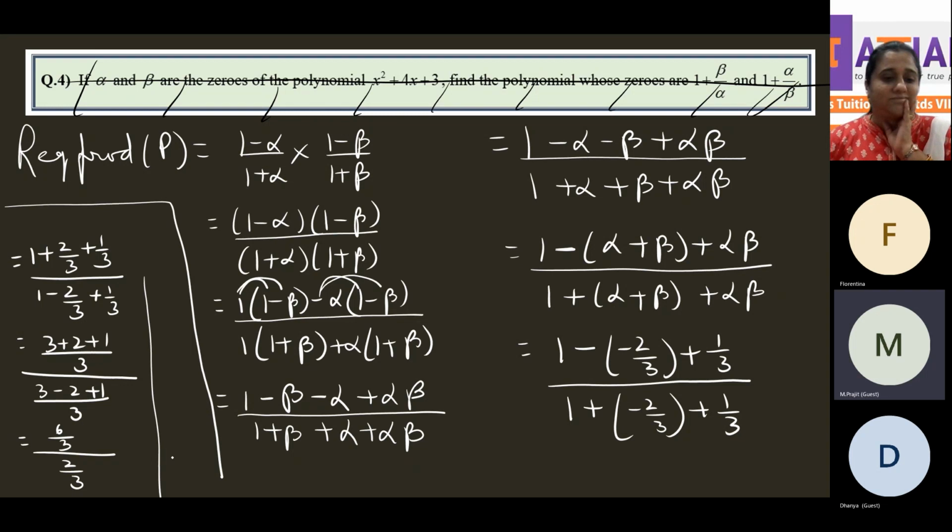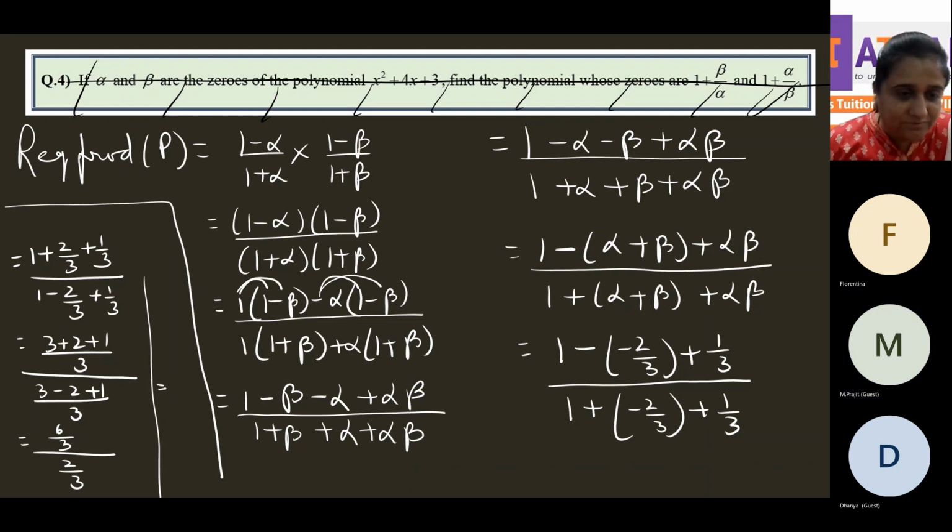Can you cross multiply? Where cross? This is an expression. How can you cross multiply? 6 by 3 is 2 divided by 2 by 3. So it is 2 into 3 by 2 is equal to 3.